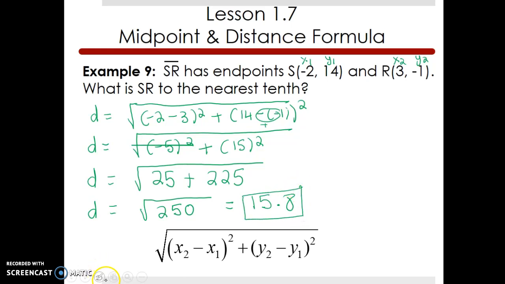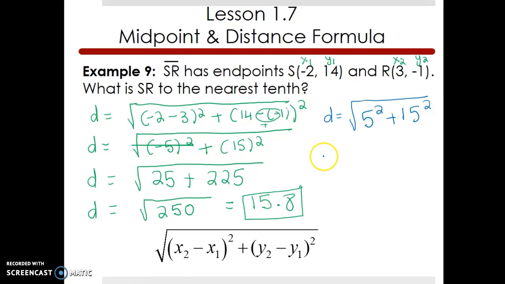I will do it my way as well. Okay, so -2 to 3. -2 to 0 is 2 spaces, and 0 to 3 is 3 more spaces, so that's 5 away. So that's going to be 5 squared, plus, same thing with 14 and -1. 14 to 0 is 14 spaces, 0 to -1 is 1 space, so that is a total of 15 spaces away.